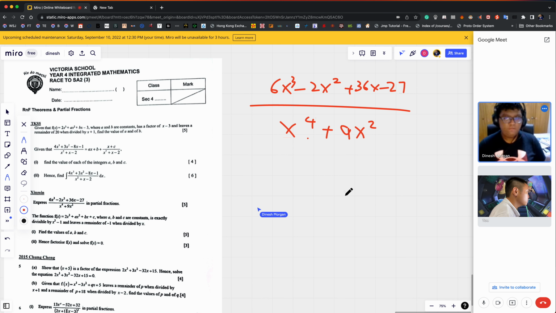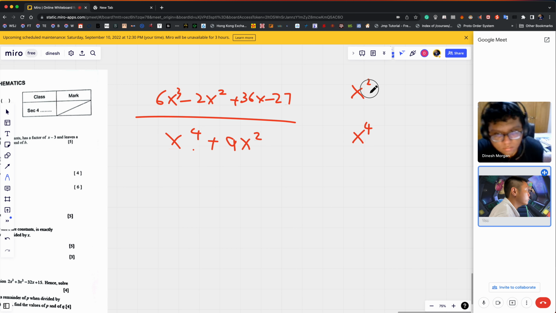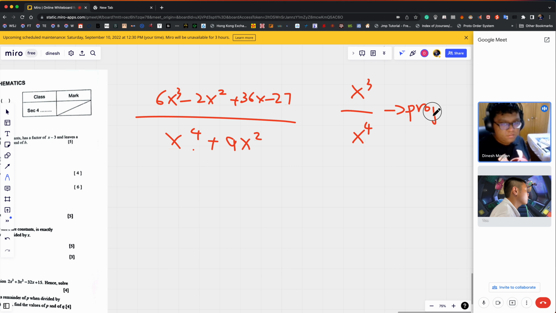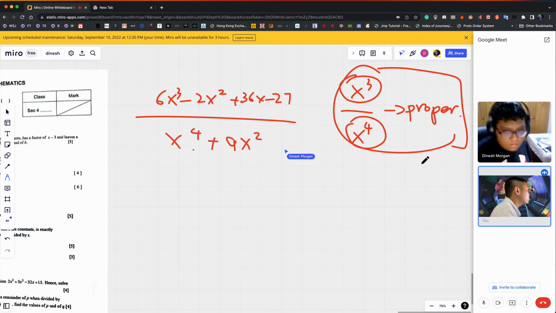Here the highest power is power 4, here is power 3, so it's proper.